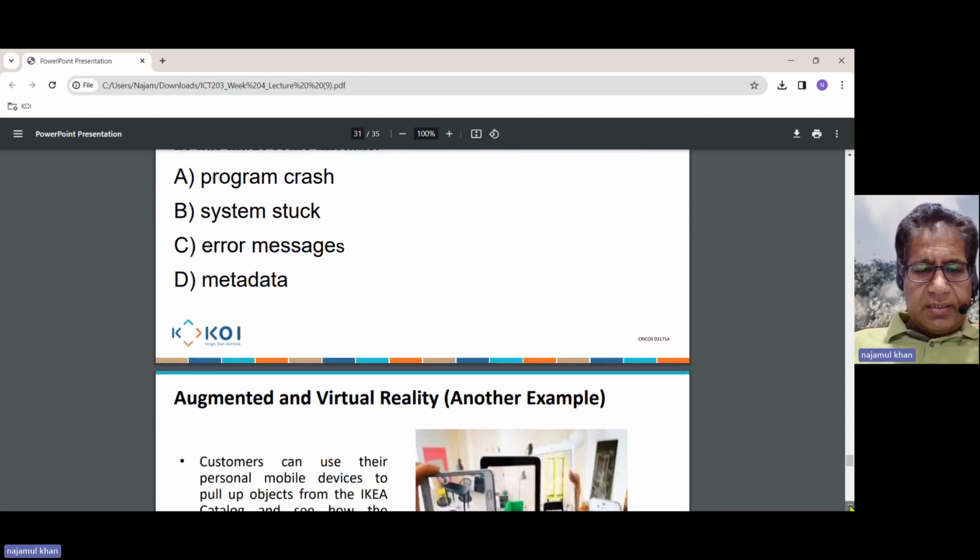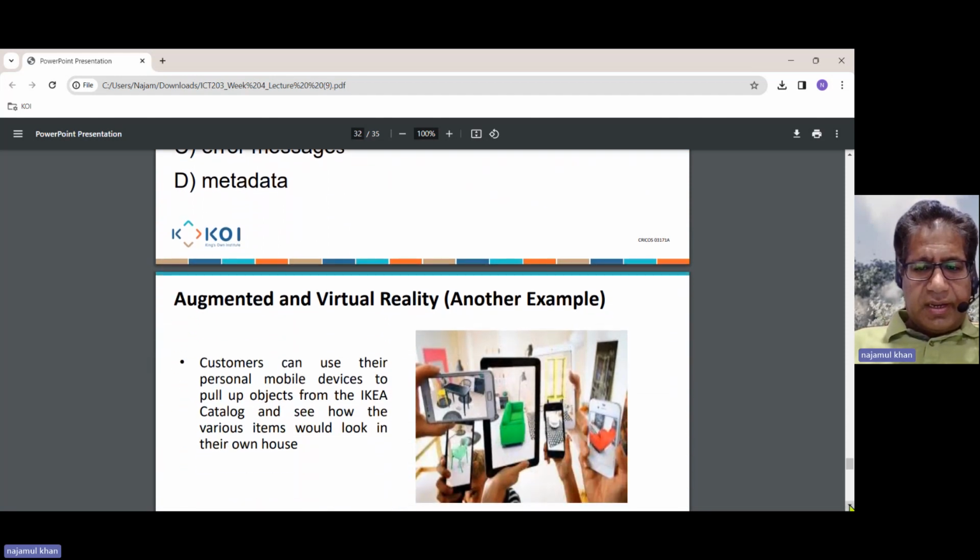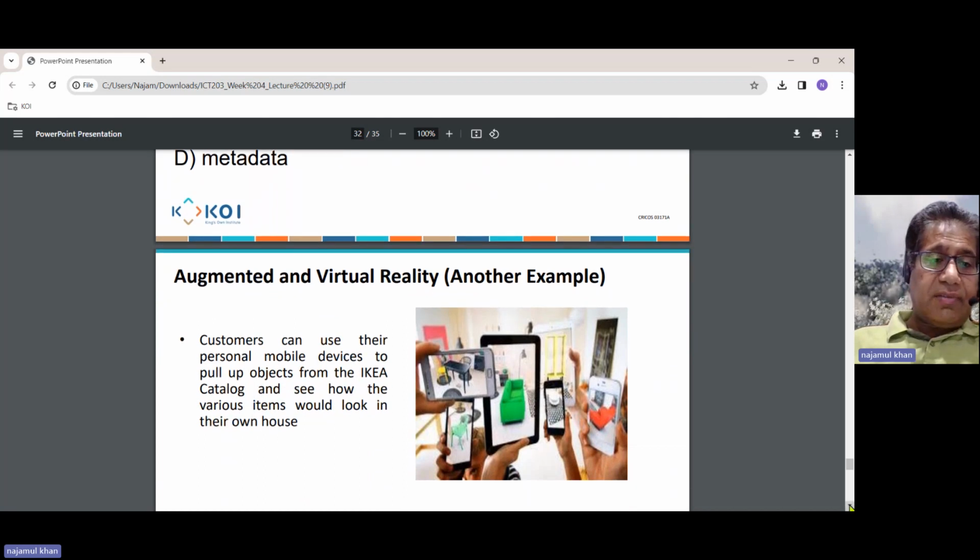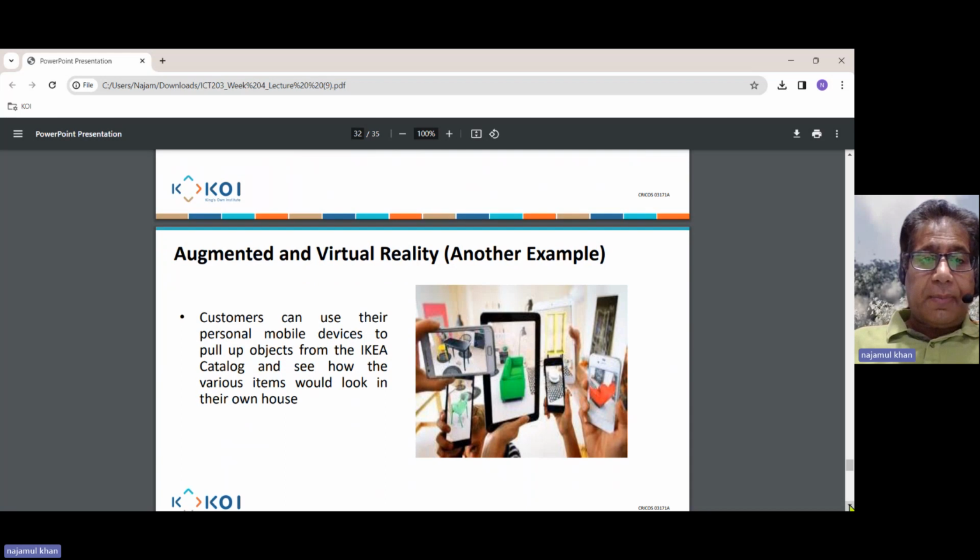All right, guys, another example of augmented reality. Customers can use their personal mobile devices to pull up objects from the IKEA catalog and see how the various items would look in their own house. This is the technology which IKEA gives its users, and it's a great technology.